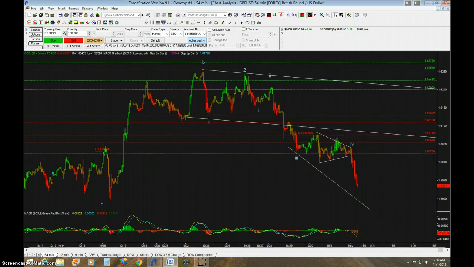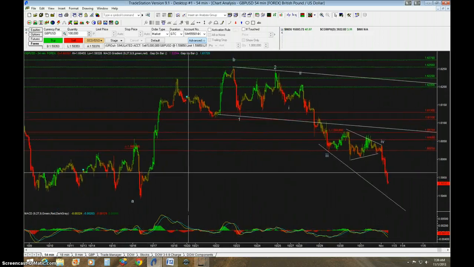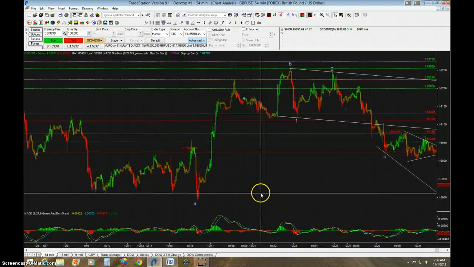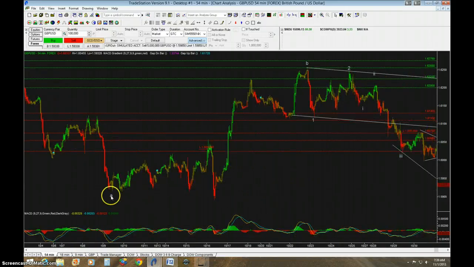Alright, so since the last video, price has moved down. I think that's consistent with what I said in the last video. And recapping, this is a 54-minute chart. We've had an A wave in the short direction that ended there. We had an A, B, and C, and that ended the B wave with 1, 2, 3, 4, and 5.